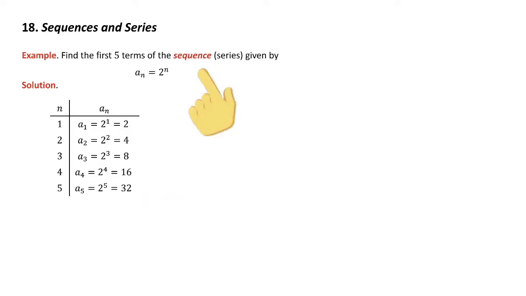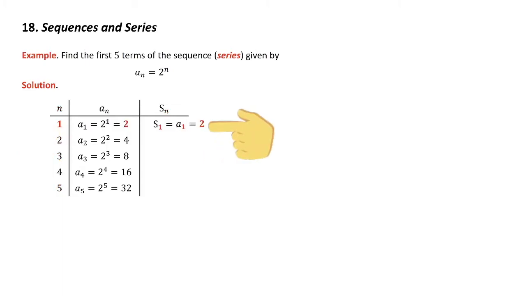That's the sequence. So what's the series? Well, the series is the sum. So just sum them up. We're going to sum up the 5 terms, starting at 1. So the first, S1, is a1, 2. And then S2, sum up the first 2 terms. I'm going to get 2 and 4. 2 plus 4, 6.